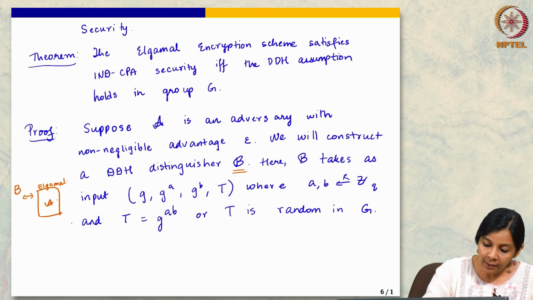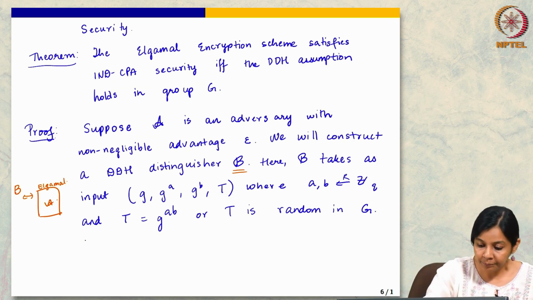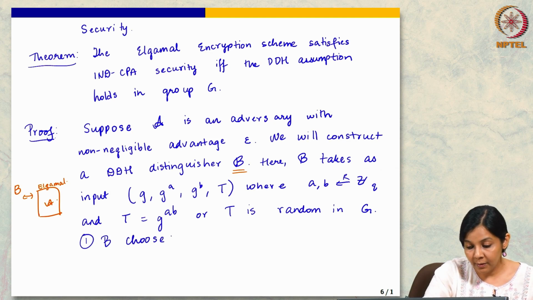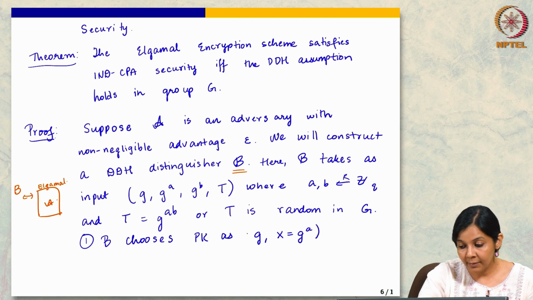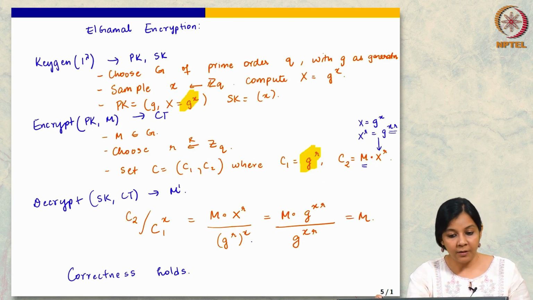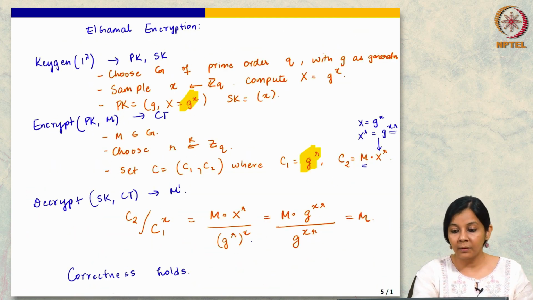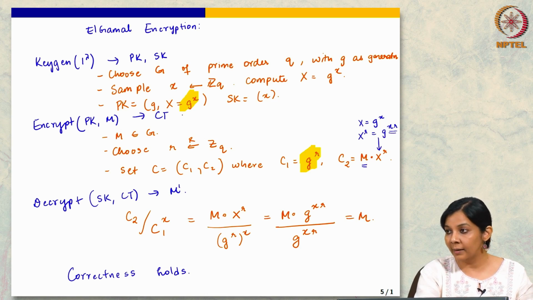Let me choose. B chooses pk as G and X as G to the A. This is consistent with what the public key looks like.